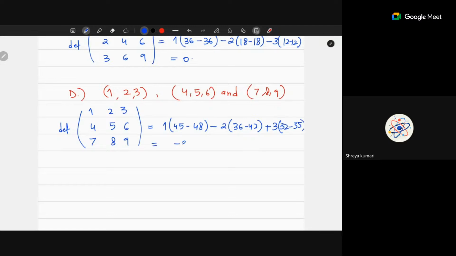You get minus 3, minus 6 plus 12, minus 9, which is 0. So it doesn't form a basis.